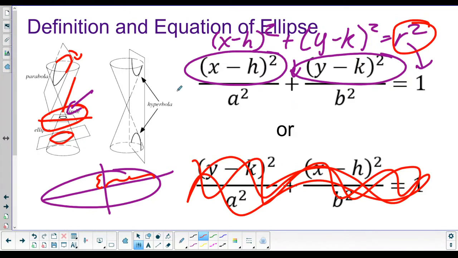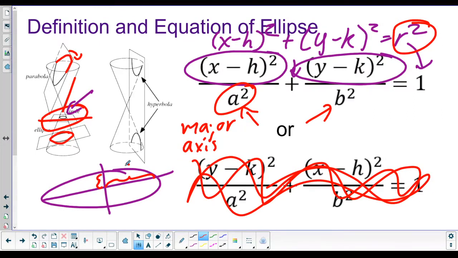So for an ellipse you actually have 2 radii numbers. They are the A and the B. The A tells us the major axis. So this distance here, from the center of your ellipse to the longest or furthest point, this distance is A. So just like we have r squared, we have a squared.